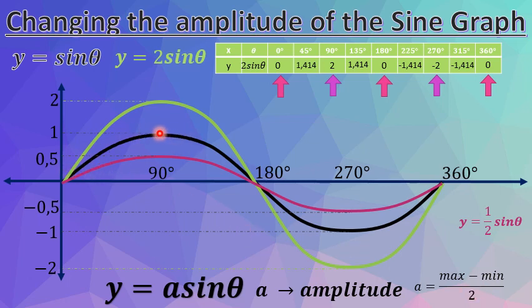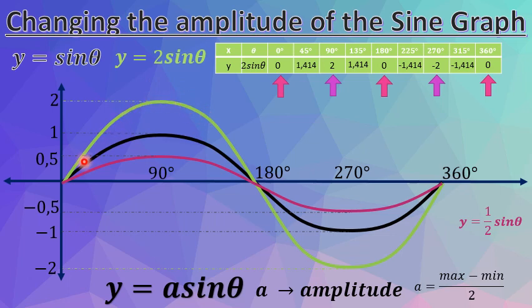Let's double check quickly with the black curve. The maximum is 1. What is 1 minus the minimum? 1 minus -1 gives you 1 plus 1. Divide your answer by 2 and you get your amplitude to be 1, and that is the case for the original sine function. There's an invisible 1 in front of sine theta.